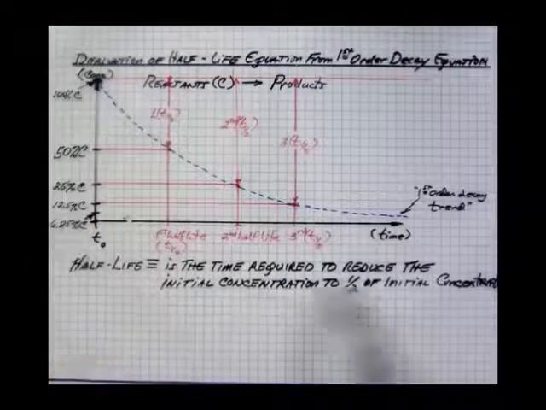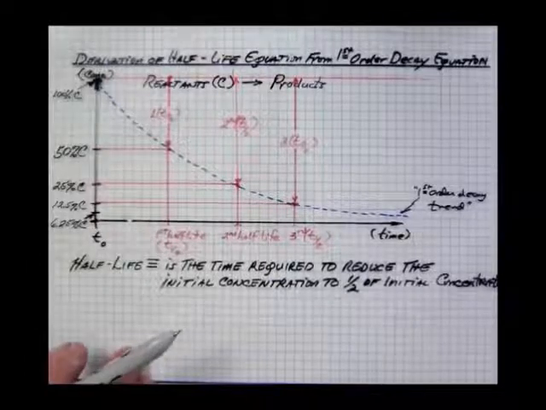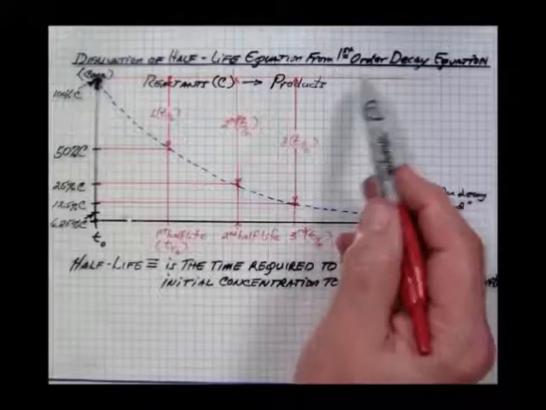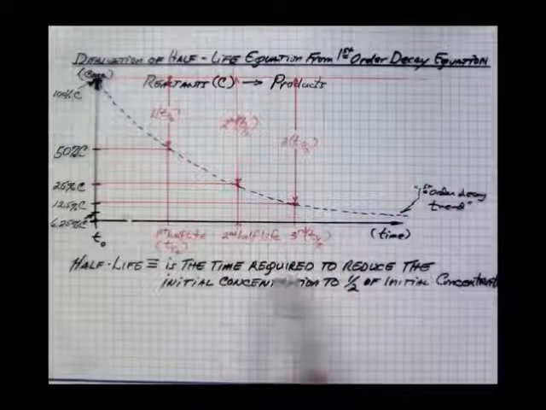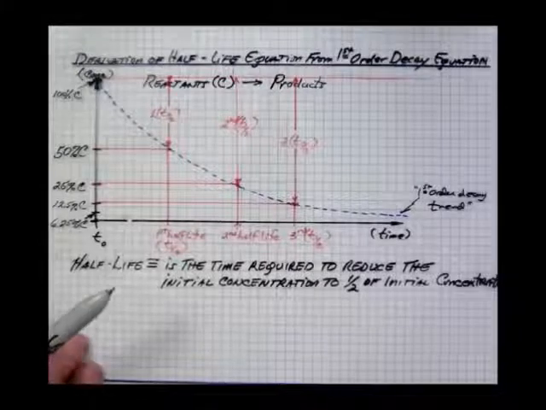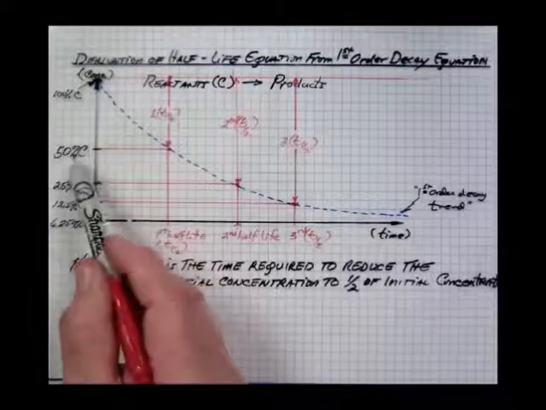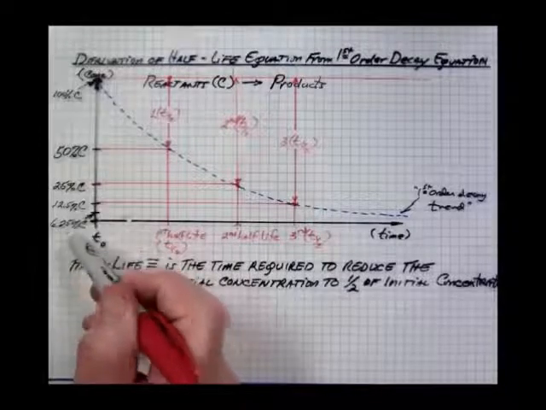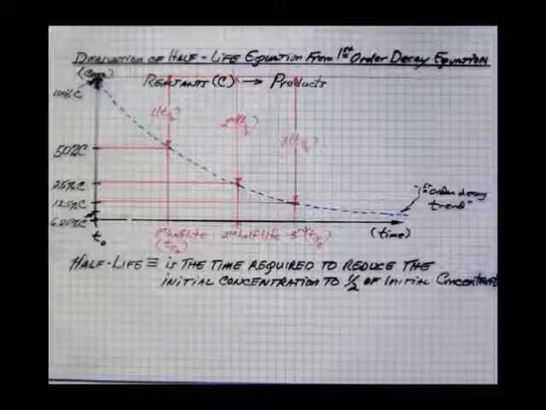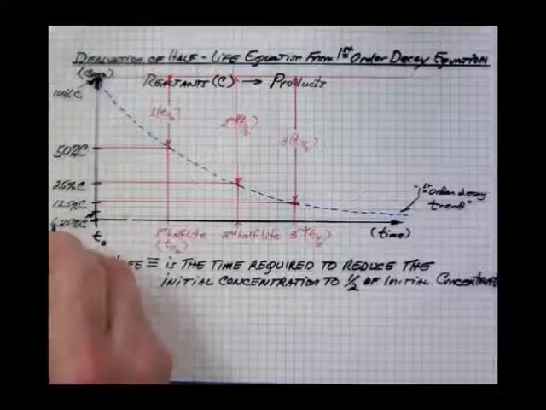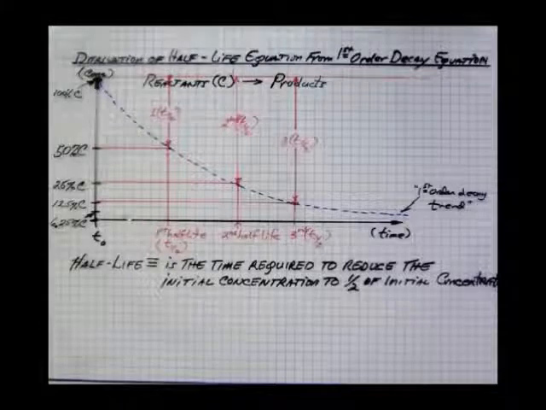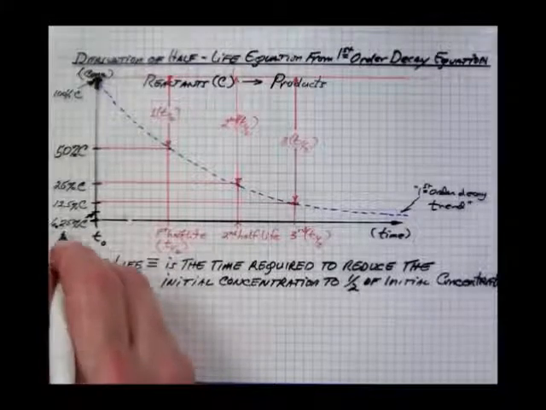Now, in working with the classic decay equation from the first order decay equation and working with the half-life equation, we have to realize that these concentrations, 50%, 25, 12.5, 6.25%, make sure you refer to remaining concentrations.